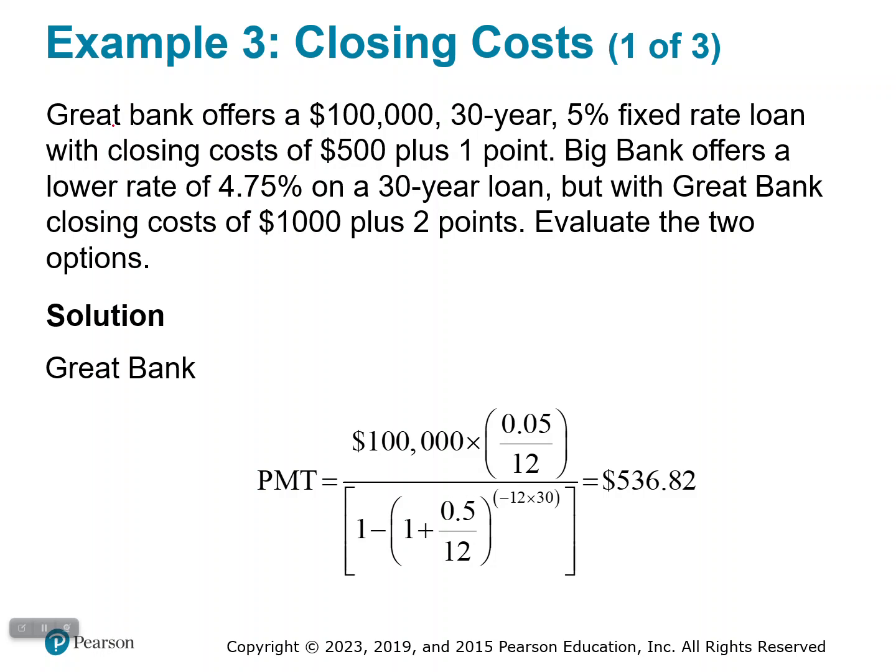Okay, so Great Bank offers a $100,000 30-year 5% fixed rate loan with closing costs of $500 plus 1 point. Big Bank offers a lower rate of 4.75% on a 30-year loan, but with closing costs of $1,000 plus 2 points. I believe that should say Big. Evaluate the two options. So with Great Bank, we're going to pay about $537 per month.